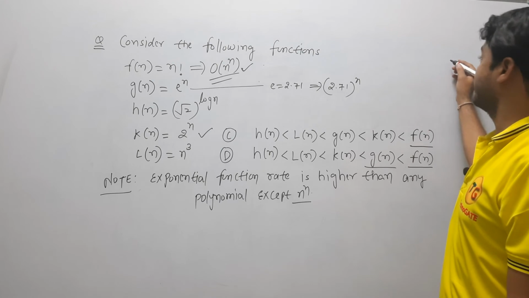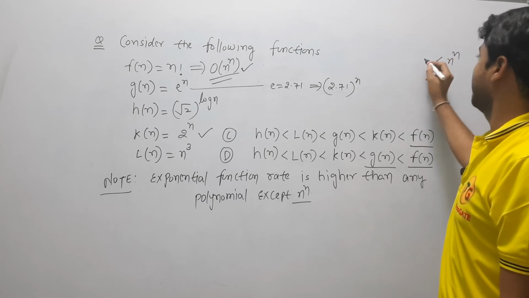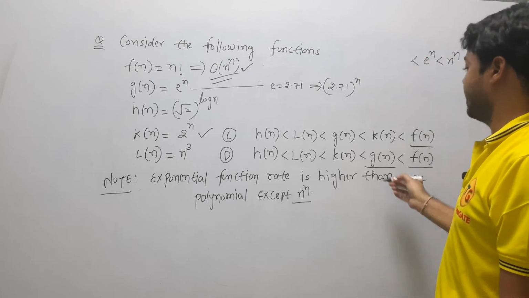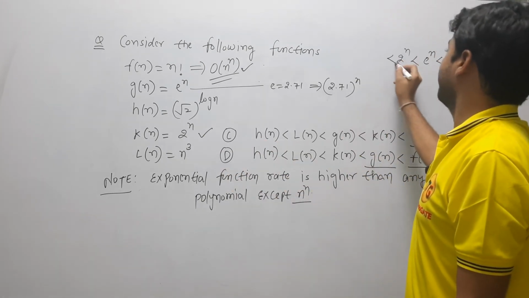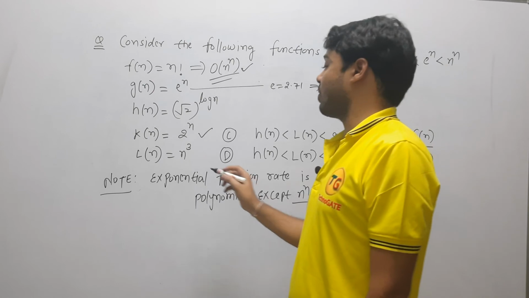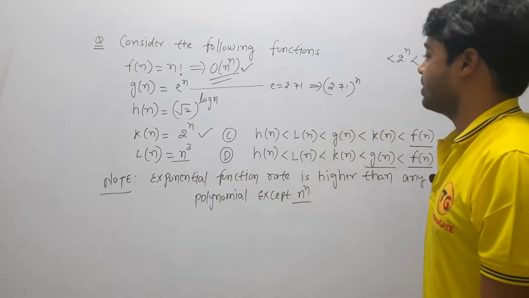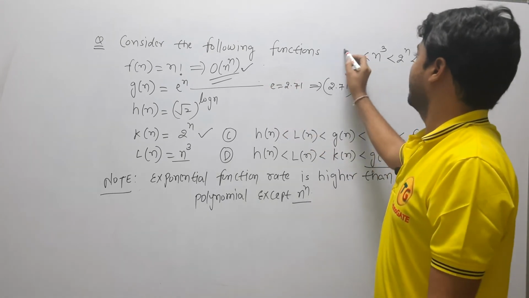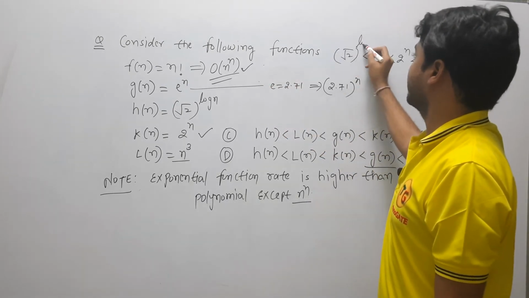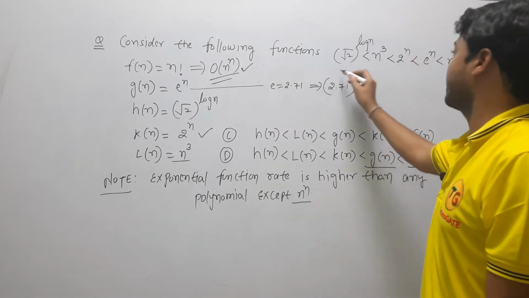So first is n raised to power n, then e raised to power n, after that k(n) becomes 2 raised to power n. After that l(n), which is n cube, a polynomial function, and then the constant function. So this is the order.